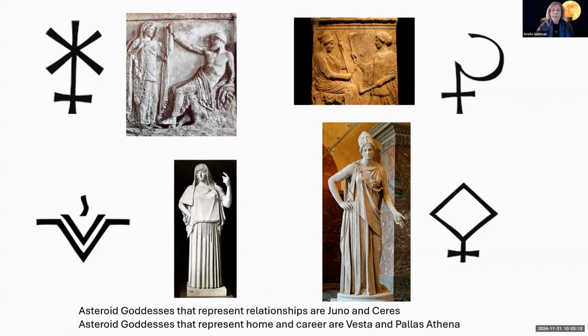So basically, these are the original 4: Ceres, Pallas, Juno, Vesta. And the asteroid goddesses that can really enhance or represent relationships are Juno and Ceres.